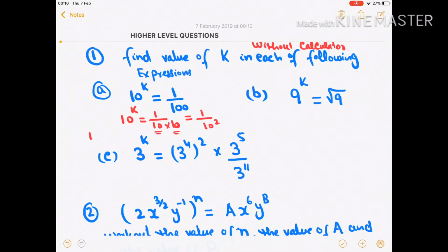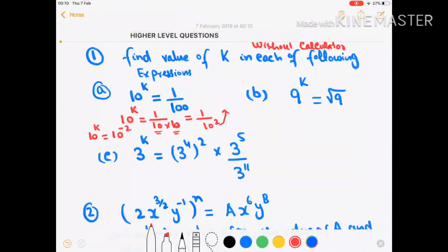So on the left side 10 to the power k, and on the right side we'll change the position. Take this 10 to the power 2 up; when you change the position the sign will change. Before it was positive, now it will become negative.